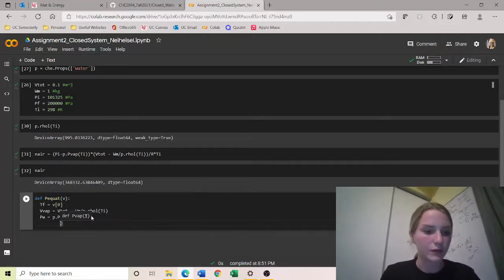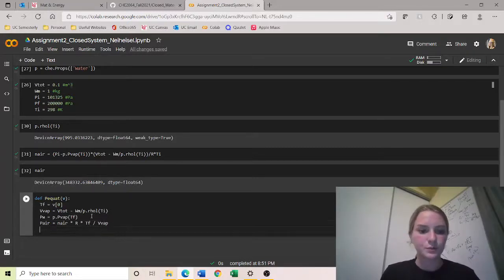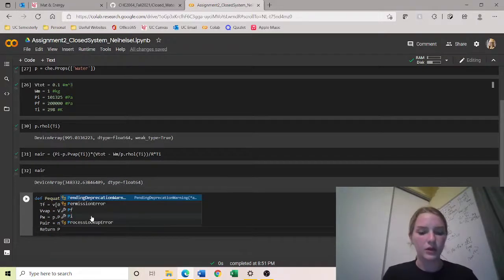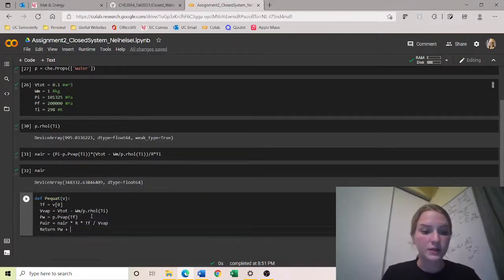And then we are going to have our partial pressure of our air equal to the moles of air times R times the final temperature divided by V vapor. So now we are going to return our partial pressure of water plus the partial pressure of air minus the final pressure.